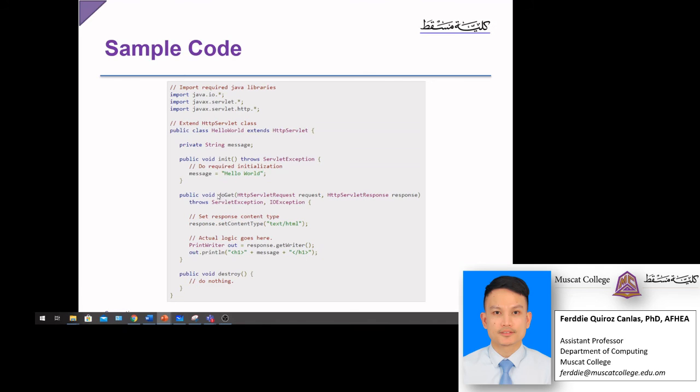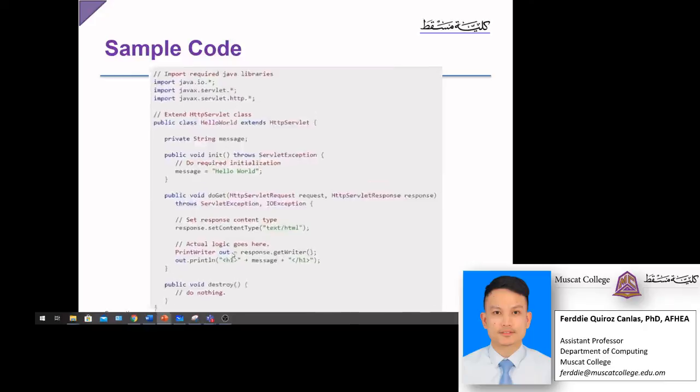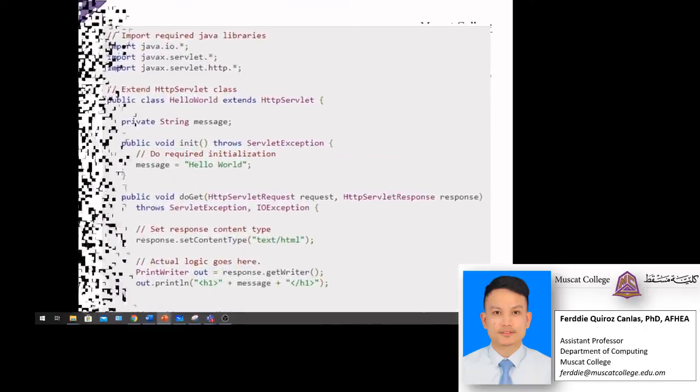So it uses the function doGet to return the value, which is in form of HTML or text, and then it will display it in a form of message box which says hello world. And then after this, public void destroy, it won't do anything because it's only a method built into the library of the servlet here. The purpose is just to destroy or close the connection or the transaction.